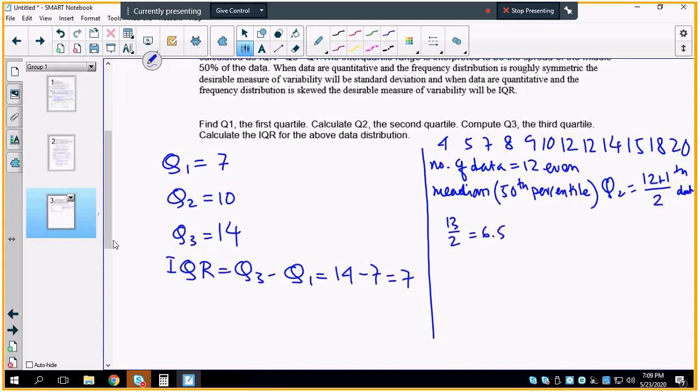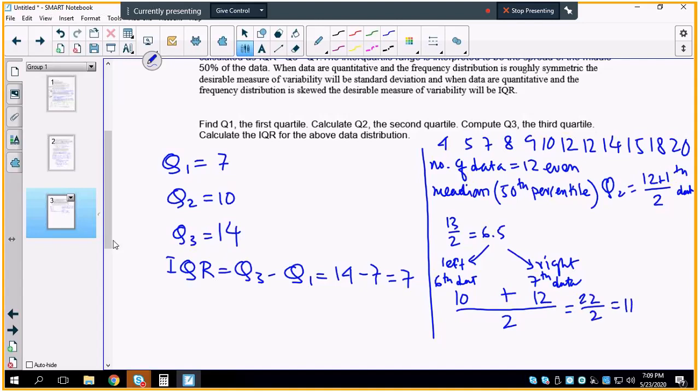So 1 on the left of 6.5, 1 on the right of 6.5. The left of the 6.5 is the 6th data, and the right is the 7th data, so we find both of them. The 6th data is, of course, 10, the 7th data is 12. I add them, divide by 2. This is our usual way of finding the median. So I get 22 over 2, and that's 11. So this is your quartile 2. Quartile 2 is 11.